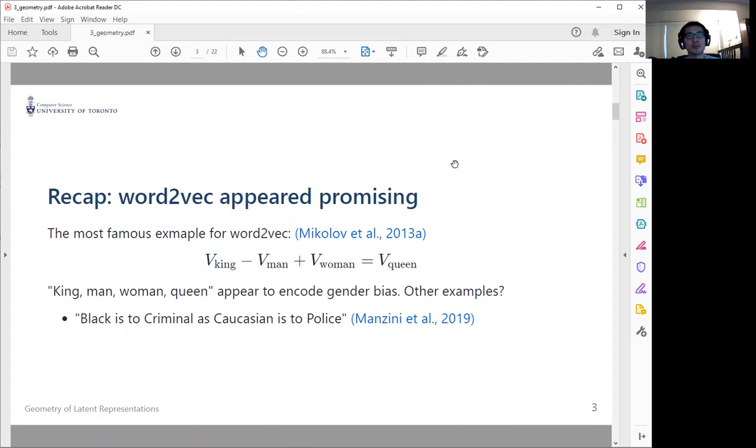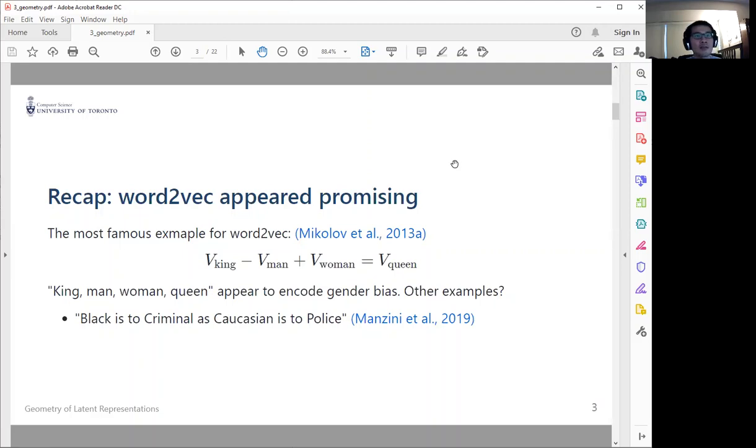We can do vector arithmetic to approximate the linear analogies of the semantics, like the vector of king minus the vector of man plus the vector of woman. This vector is very close to the vector of queen. So this seems like king is to man as queen is to woman. Sorry, king is to queen as man is to woman.